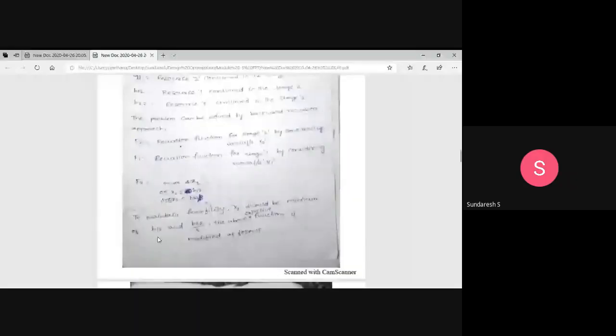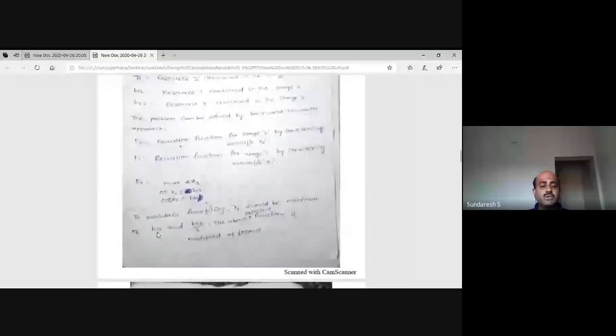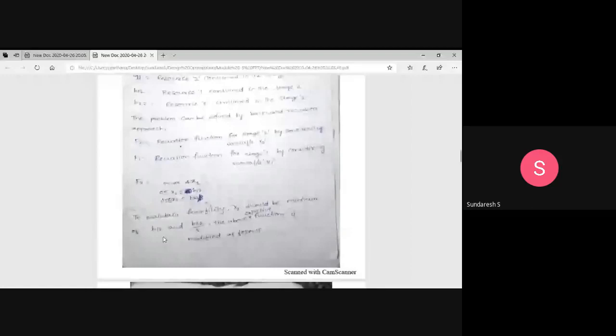Now to maintain the feasibility, x2 should be minimum, that is the minimum of b12 and b22 by 5. So x2 lies between 0 and b12, and 5x2 lies between 0 and b22.